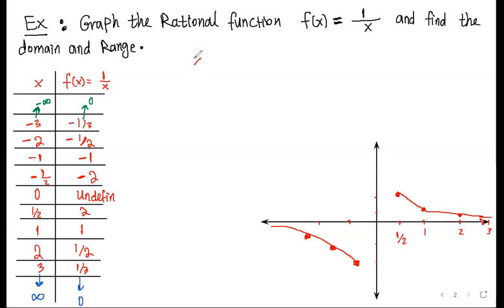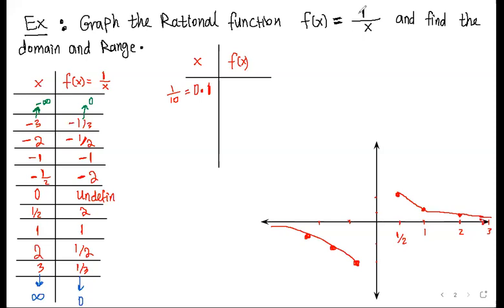I mean, if I pick any points here for f of x, let me make another table. Let me make a small table for the values between 0 and 1/2. If I pick values like 0.1, when I plug the 0.1 in, they give me what? This is actually 1 over 10.